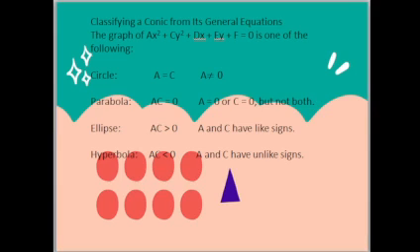A parabola: a times c is equal to 0, that is, a is equal to 0 or c is equal to 0, but not both. An ellipse: a times c is greater than 0, so a and c have like signs. And it's a hyperbola if a times c is less than 0, so a and c have unlike signs. So that is how to classify a conic from its general equation.